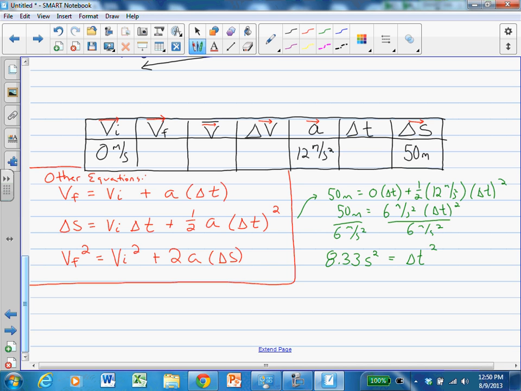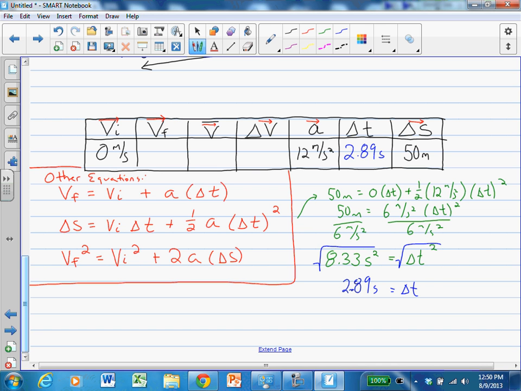Then take the square root of both sides. That would leave us with delta T. And the square root of 8.33 is 2.89. The square root of second squared is just seconds. So 2.89 seconds. Okay?